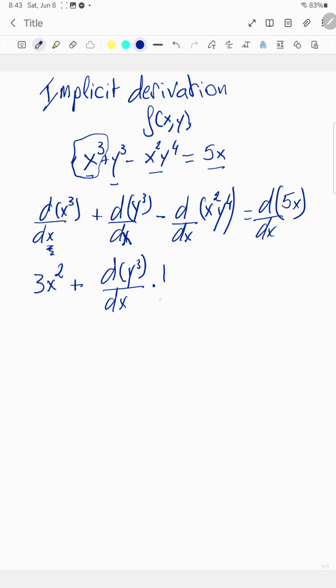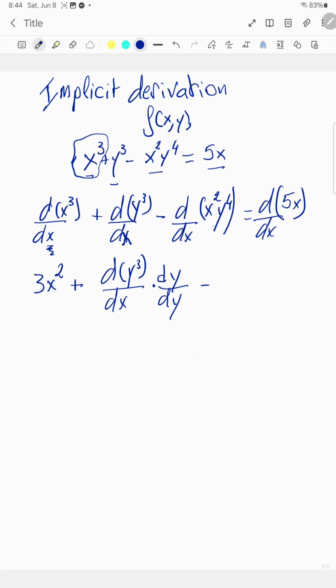I want to multiply it by 1 because 1 is a neutral value of multiplication. Multiplying anything by 1 does not change it, like 5 times 1 is 5, 100 times 1 is 100. But my 1, I want to write in a very intelligent way. Instead of writing 1, I want to write dy over dy, because anything divided by itself is equal to 1.